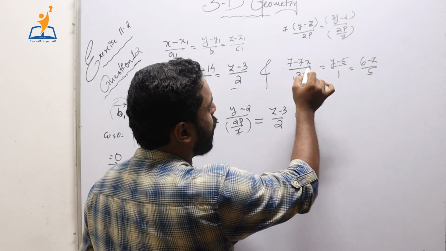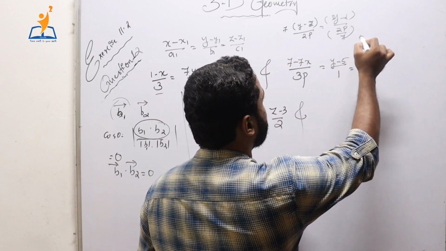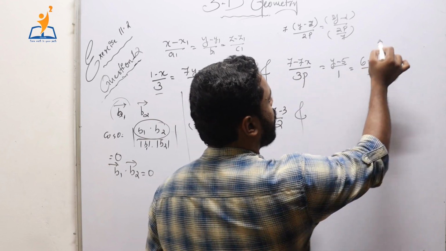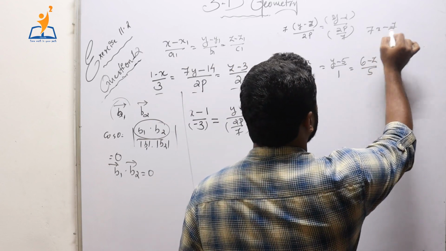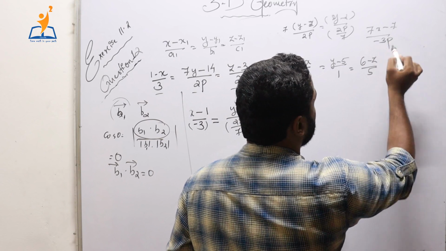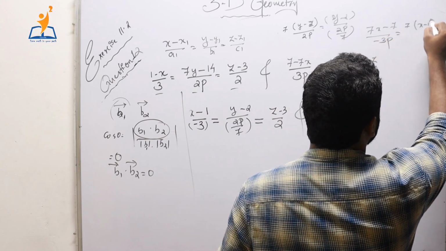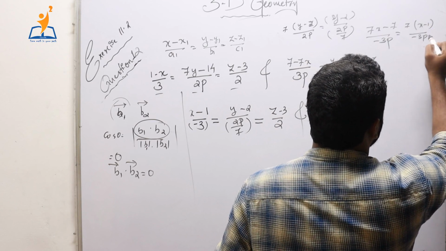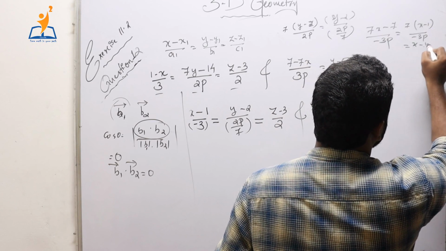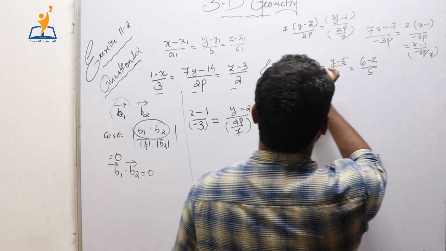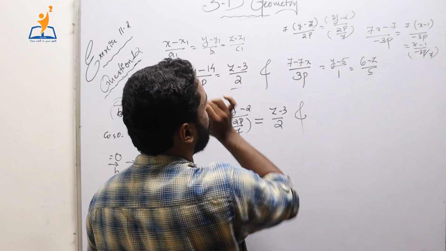Now the second line. First of all, we have to multiply the numerator and the denominator by minus 1 so that x comes first. So it will become (7x minus 7) divided by minus 3p, right? Now we can take 7 common, so 7 into (x minus 1) divided by minus 3p. So it will become (x minus 1) divided by minus 3p by 7, so that it is in this form, (x minus x1) by a1.